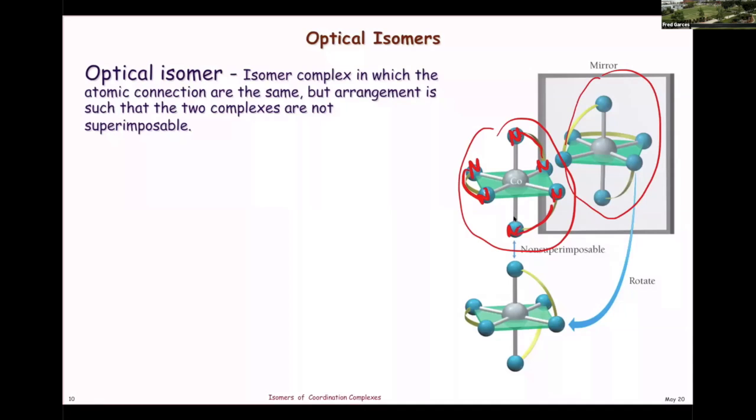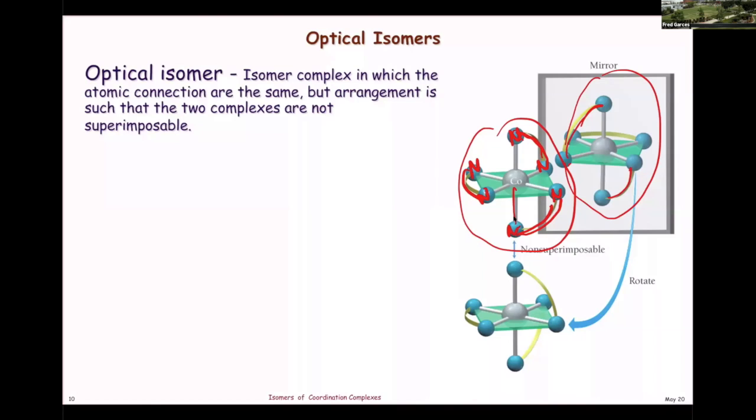So if you imagine its mirror image, you see how this is pointing up there and this goes on top and then this goes to the side like that. Well, take that mirror image, pull it out, and compare it to the real one. What you will find out is that they're not superimposable. You need to practice these so that you know that these things are not.